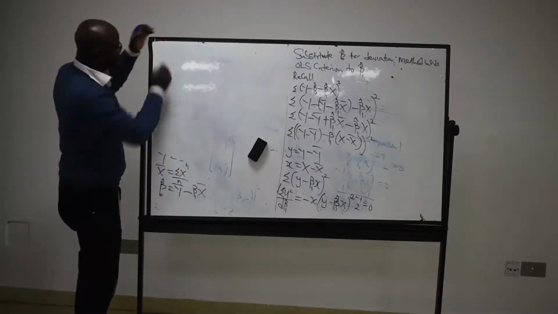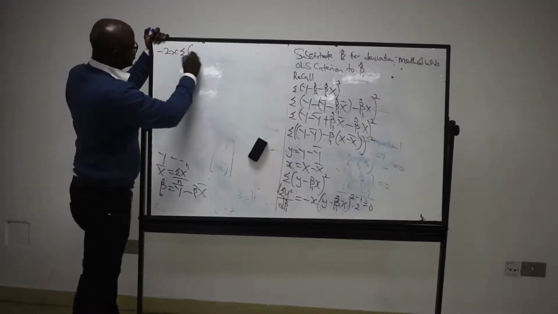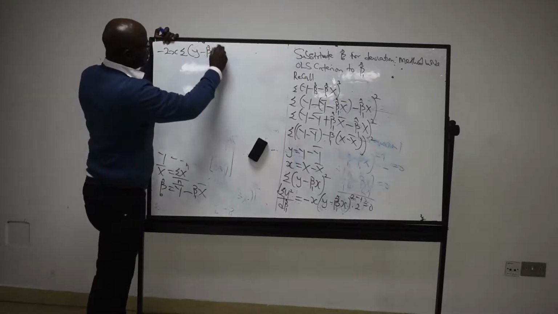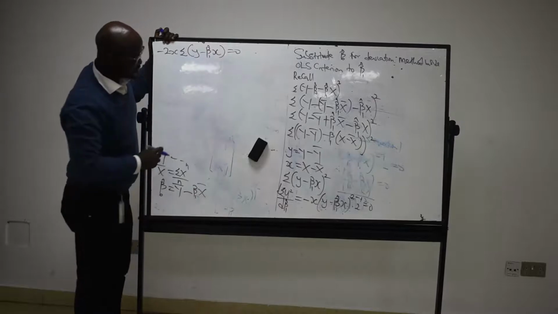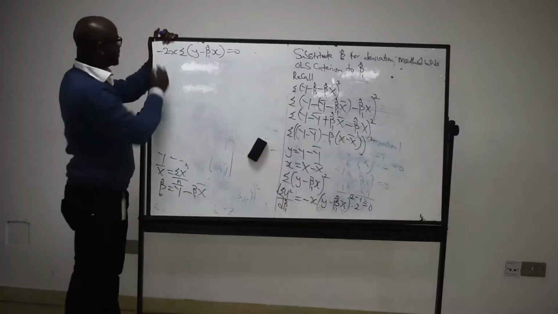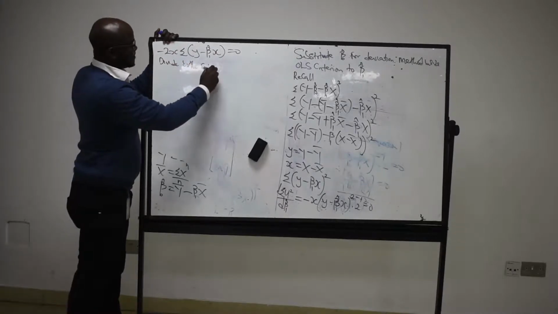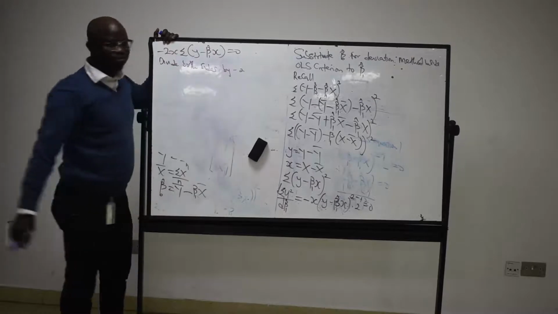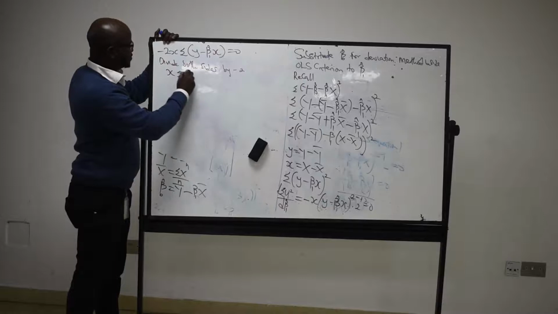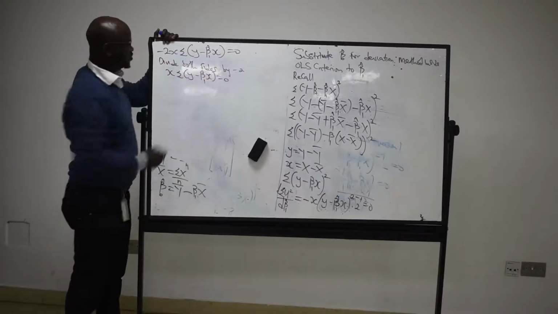At the end of the day, we have minus 2 summation small x, small y minus beta 1 cap small x is equal to 0, right? Then we don't need minus 2 here. Then we divide both sides by minus 2. Then dividing both sides by minus 2, we have summation x, small y minus beta 1 cap x is equal to 0, right?